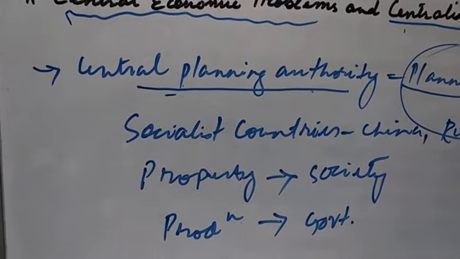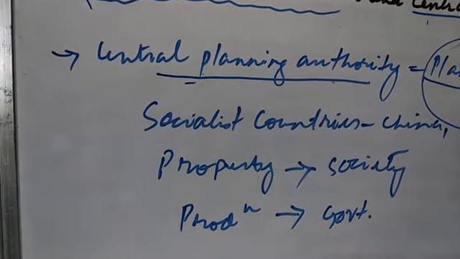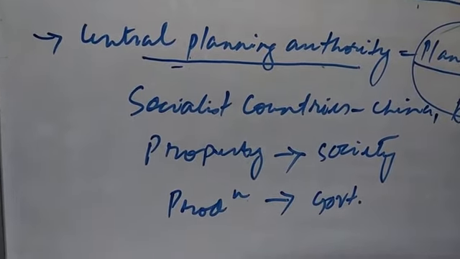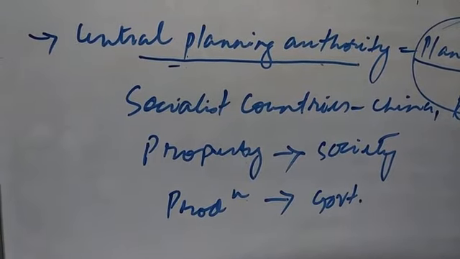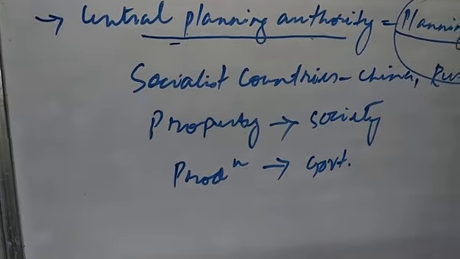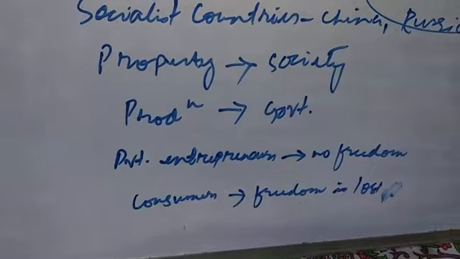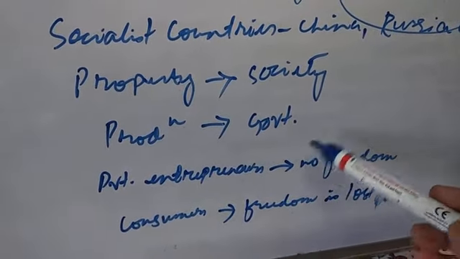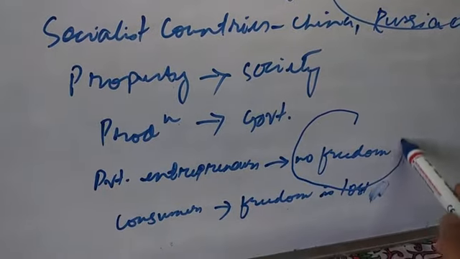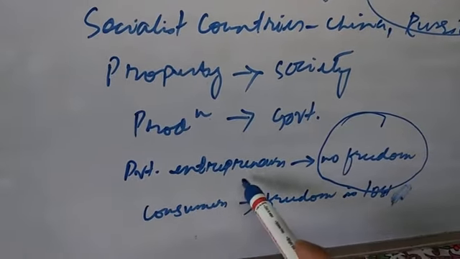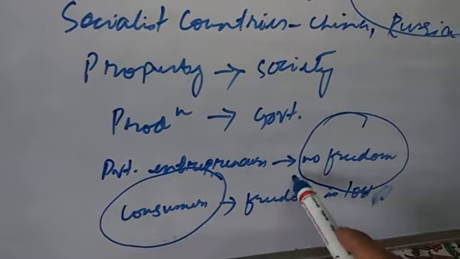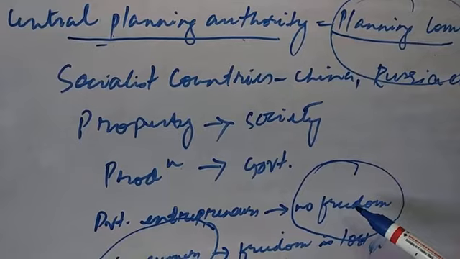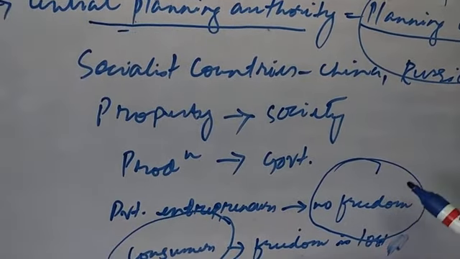So in this system, private entrepreneurs do not have the right to undertake the work of production, and consumers generally lose their freedom to choose goods for their consumption. In such an economy, private entrepreneurs cannot take up the production process, and even consumers lose their freedom to choose what goods to consume.